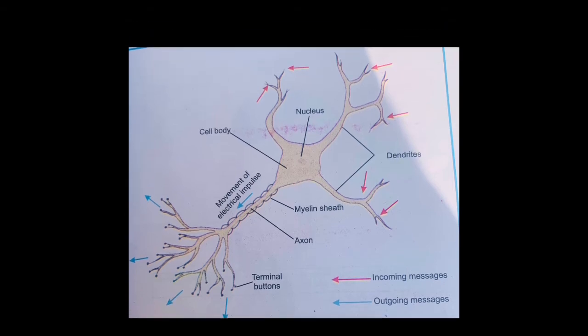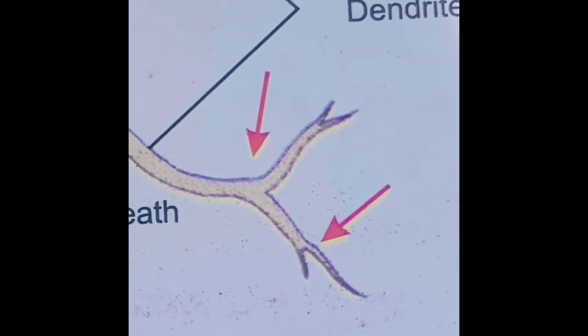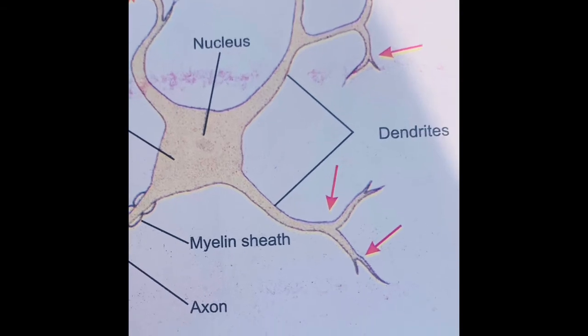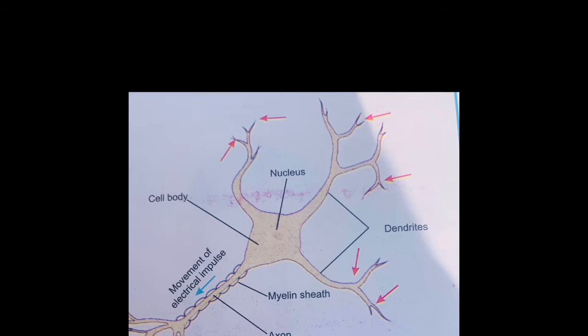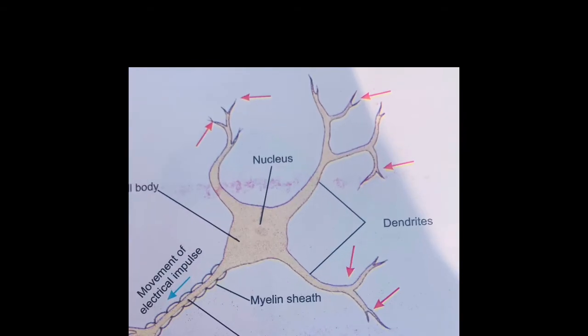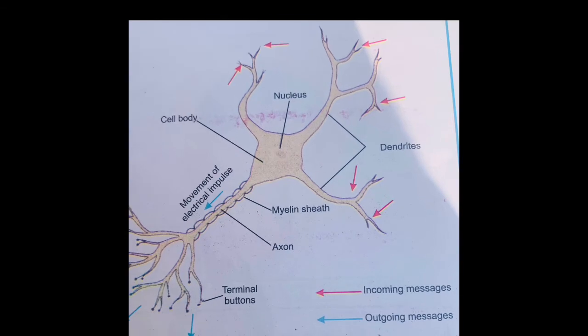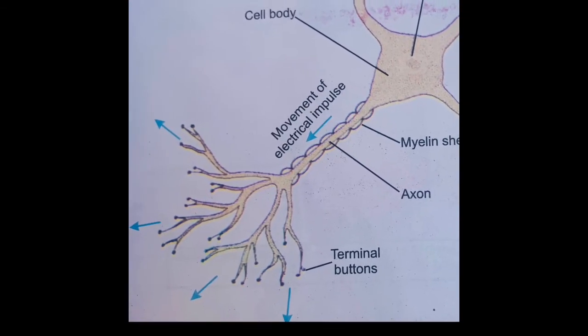So you can see, this is called the dendrites, this is the nucleus, this is the cell body, this is the myelin sheath, and this is the terminal button.